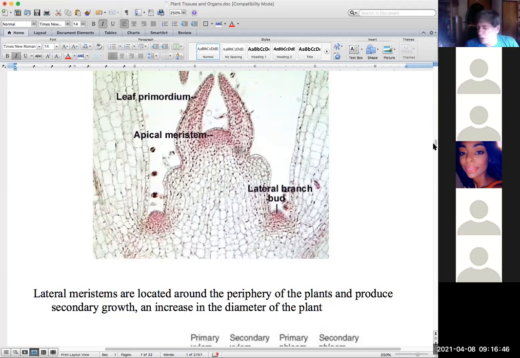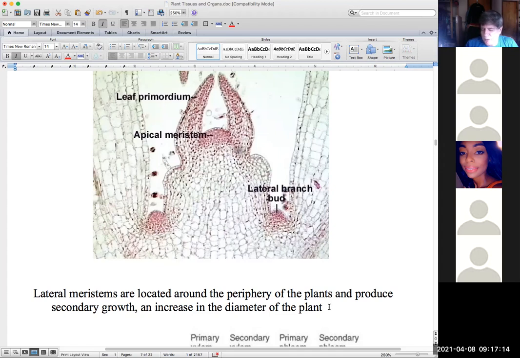The part that looks more like the carrot is the beginning of the root for that baby plant. The part that looks kind of like a couple of little leaves is the beginning of the shoot for that plant. So all the parts of the plant that are produced from the two apical meristems and from the original embryo, this is called primary growth.